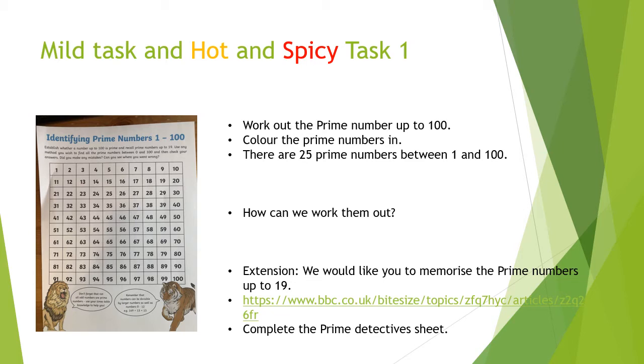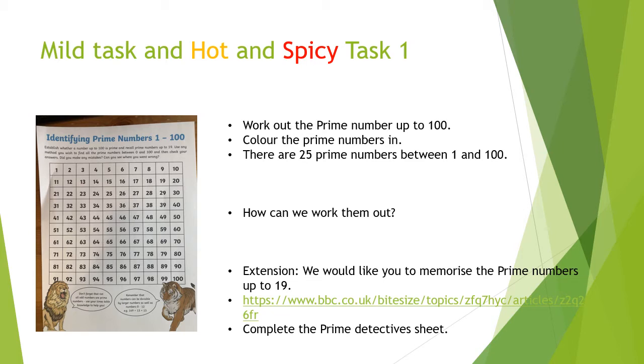So for example, 3, well 1 times 3 is 3. No other whole number can multiply another number to make 3. So 3 is another prime number because its factors are 1 and 3.